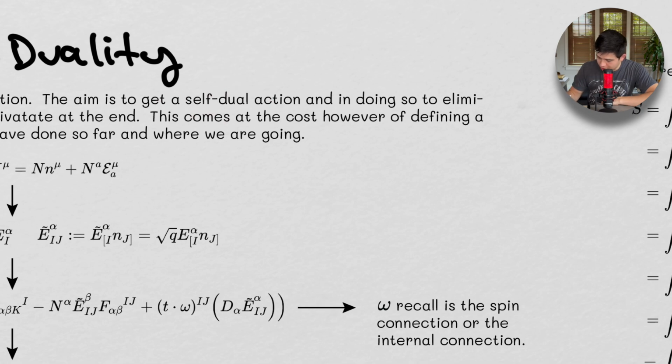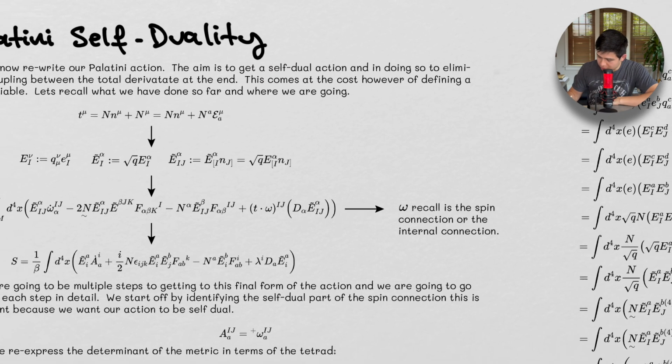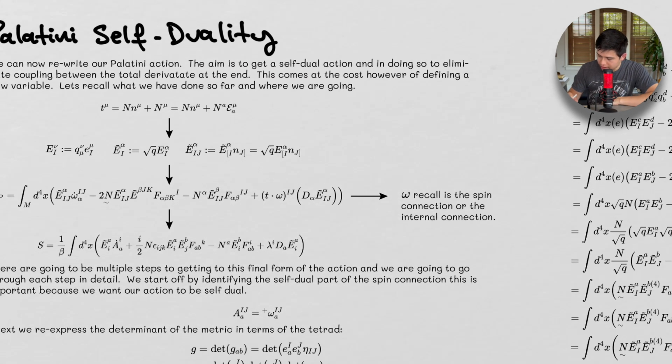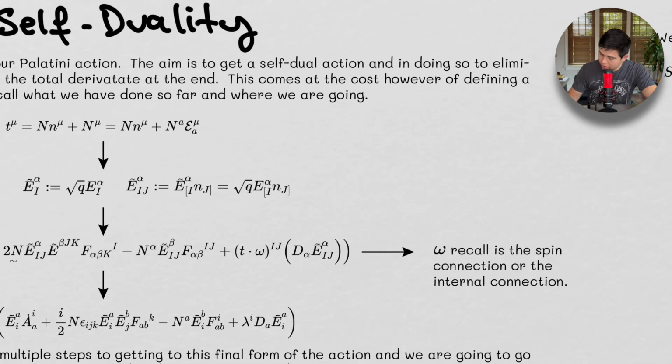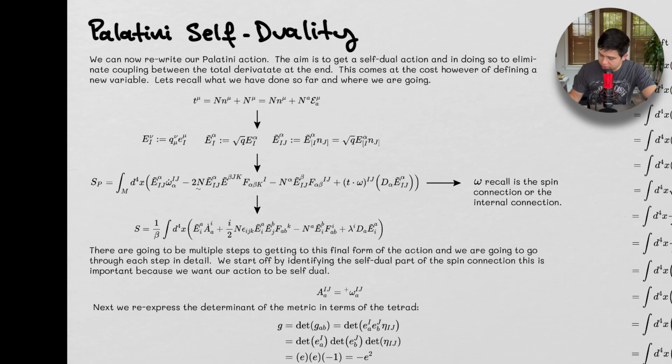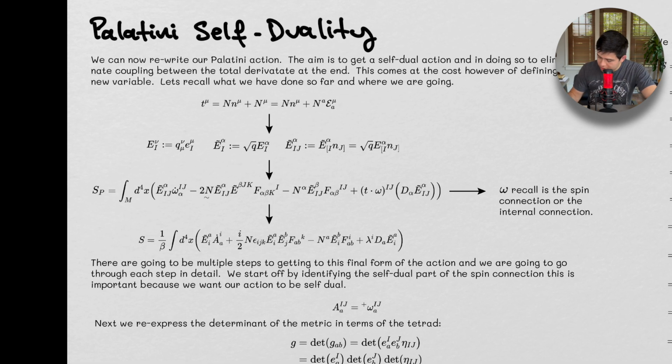We're going to cover self-duality in a bit, but we're just going to recall a few things, and in doing so, we're going to eliminate the coupling to the total derivative at the end of this action. This comes at the cost, however, of defining a new variable. So let's recall what we've done so far and where we're going to go with this.